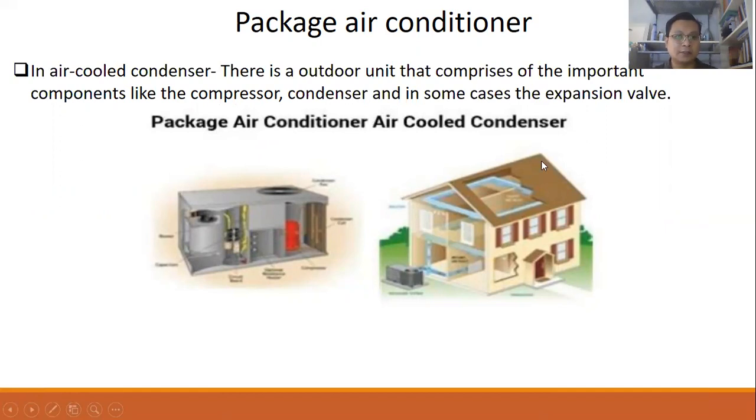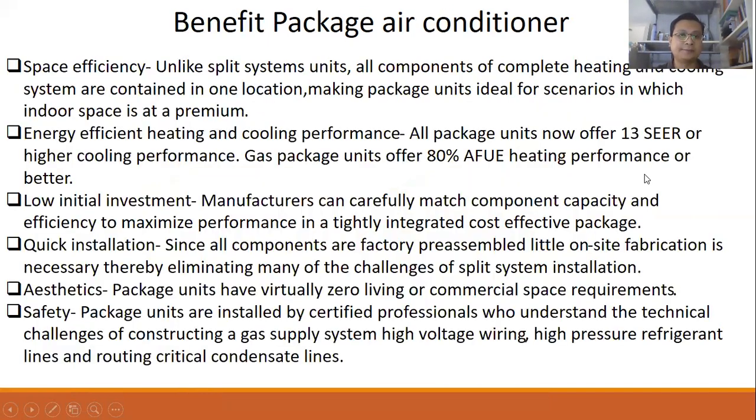So actually, for the cooling system, we can use air or water cooling. As we know, refrigerant also needs a cooling system, whether implemented by air coolant or by water cooler.